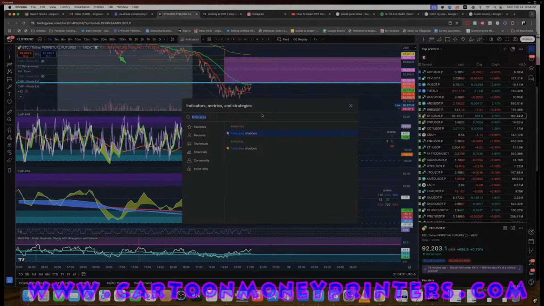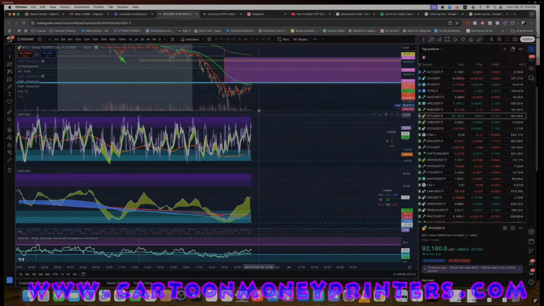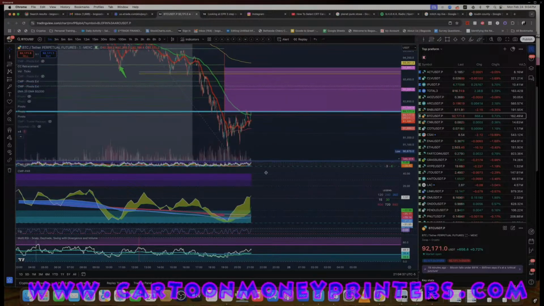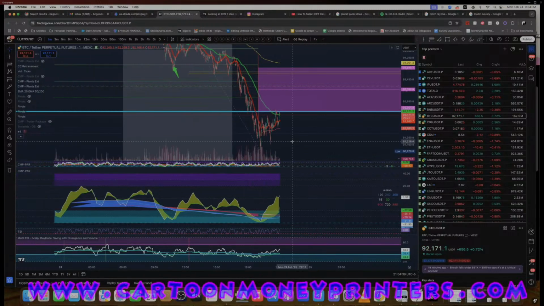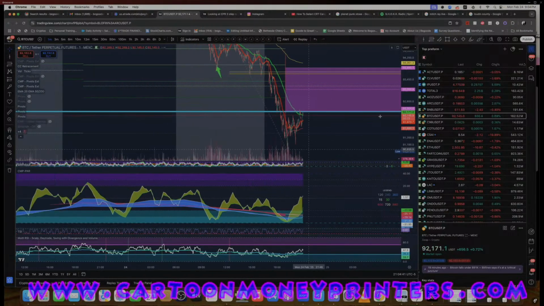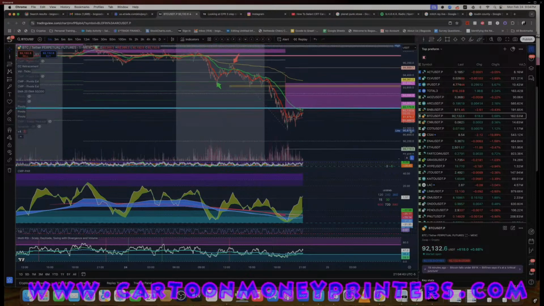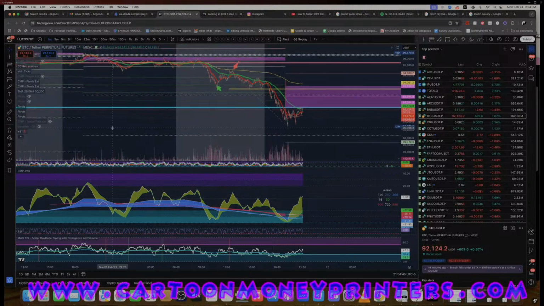Can you let me know if you're able to get that? Time Area Shadows? No? Okay, so maybe it's only for me. I don't know, but there are a lot of indicators out there. If you need me to, I can try to share the code, and you can walk me through it later.